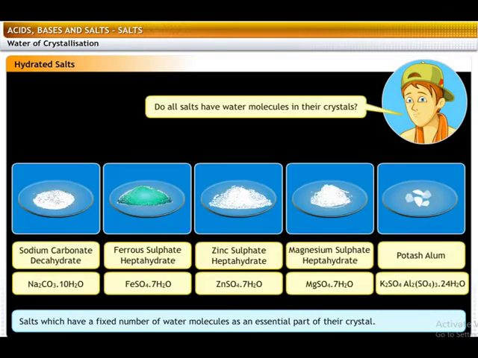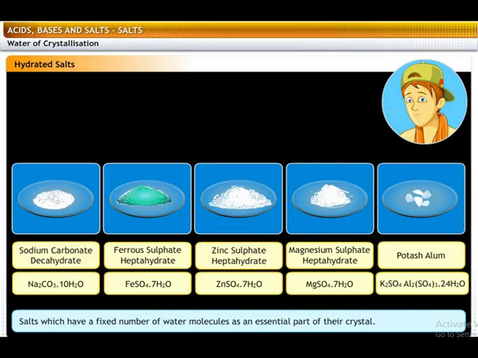Do all salts have water molecules in their crystals? Not all. Only some salts have water molecules in their crystals. For example, sodium carbonate decahydrate, Na2CO3·10H2O. Ferrous sulfate heptahydrate, FeSO4·7H2O. Zinc sulfate heptahydrate, ZnSO4·7H2O.